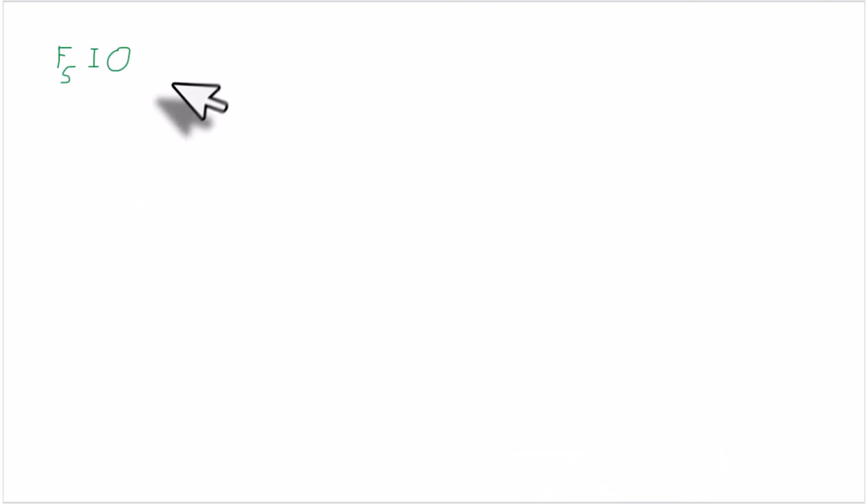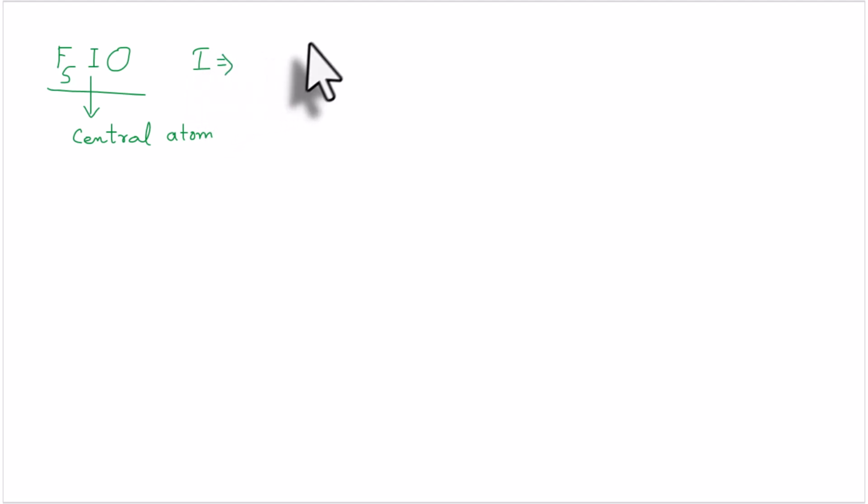Now in this compound F5IO, what happens? What should be the central atom? The least electronegative element. So obviously iodine should be the central atom based on the electronegativities of these elements. Now the valence electrons for iodine, so it's halogen, so valence electrons should be 7, like we did for the chlorine part in the first part of this same question.